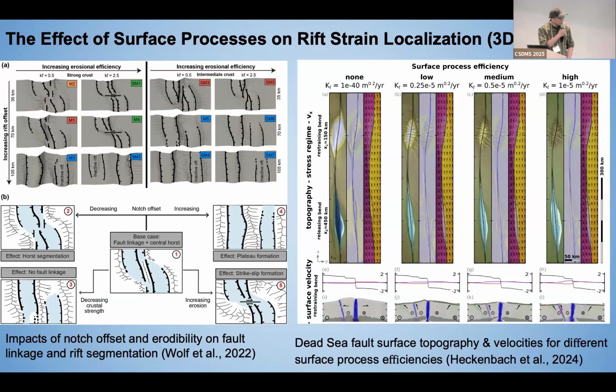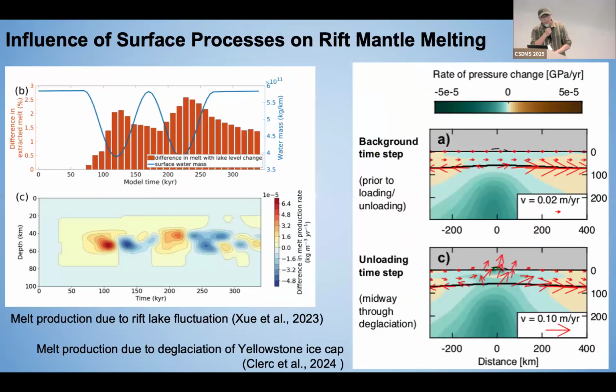On your right is another 3D study of the Dead Sea fault, with some component of strike slip, where the erosional efficiency also can change the topography, uplift field, and local relief.